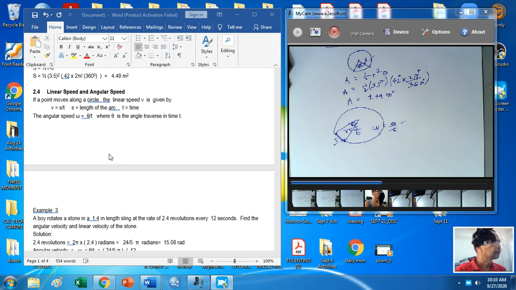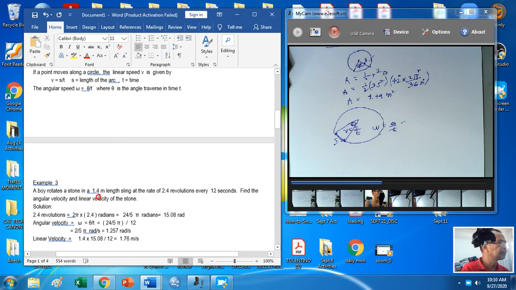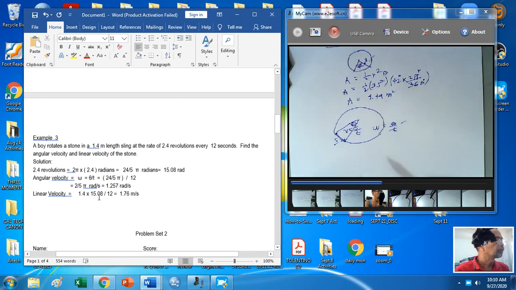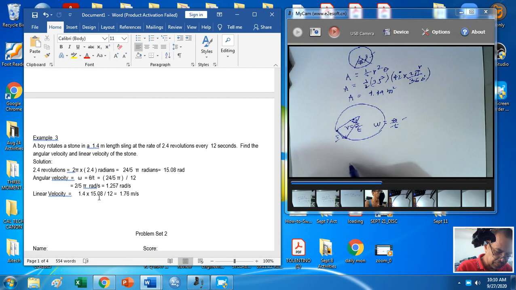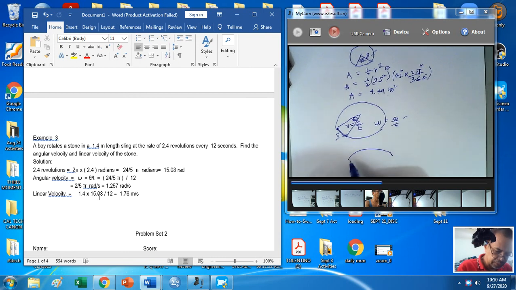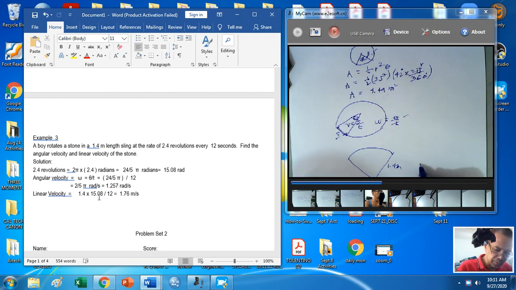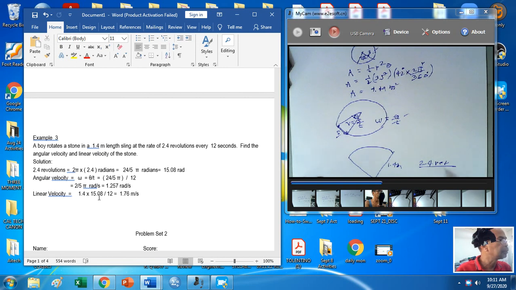Okay, now let's have example 3. A boy rotates a stone in a 1.4 meter sling. So for example, ito yung sling siya. In a 1.4 meter radius sling at the rate of 2.4 revolutions per 12 seconds.